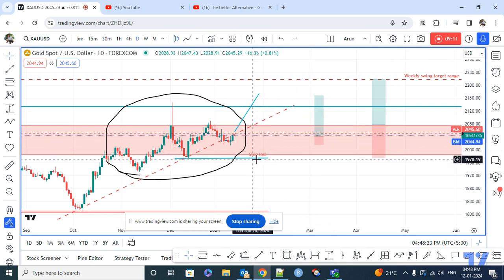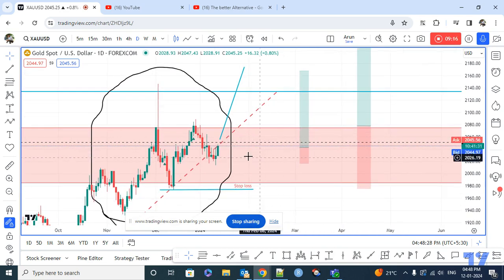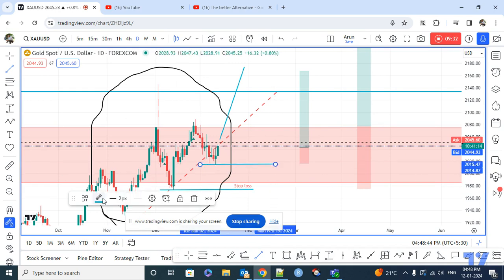This stop loss which I've marked over here is for the weekly swing. For any pattern you want to trade, whether swing, flag or wedge basis, the stop would be here. I'll mark it in black for better understanding.